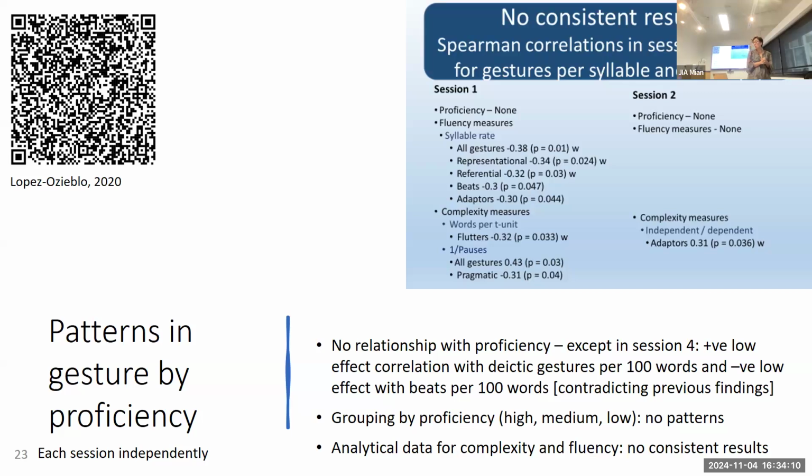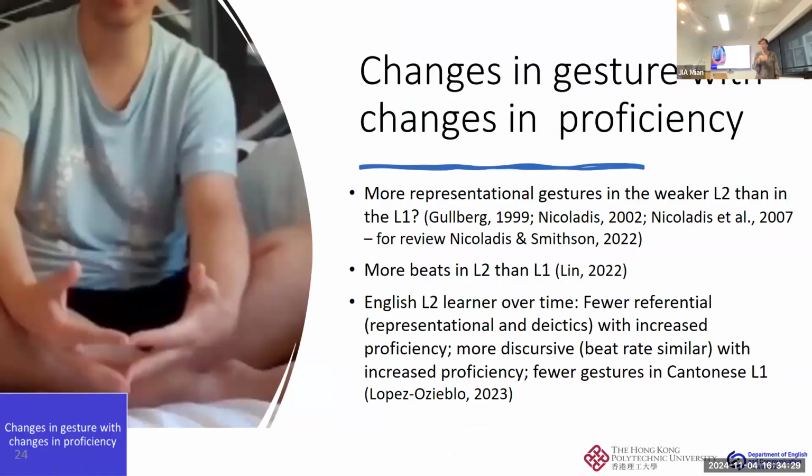We found some very low effect ones with proficiency in session 4, but the results that we got actually contradict what all the studies have found. So we're treating it with a lot of caution. For me, this is a huge red flag for the gesture studies in second language acquisition.